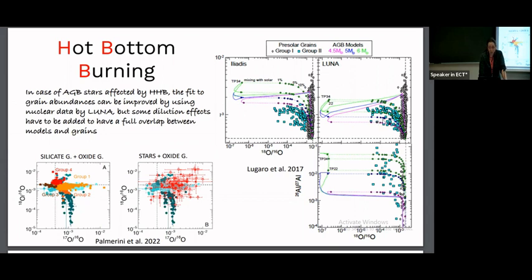But if we want to fit all the grain abundances, we have to add to the solid line the dashed one. That means we have to dilute the composition we have from our calculation with the abundances of the solar system.